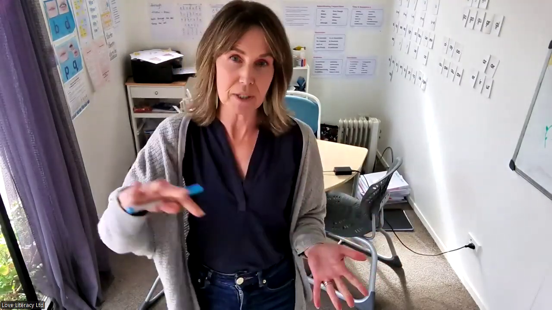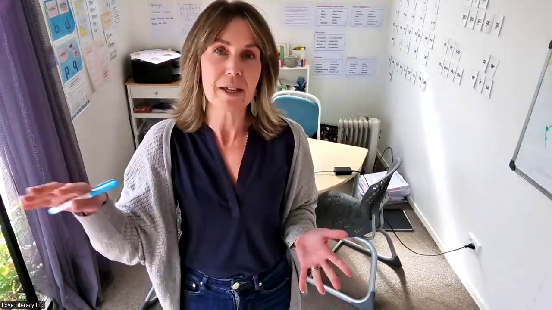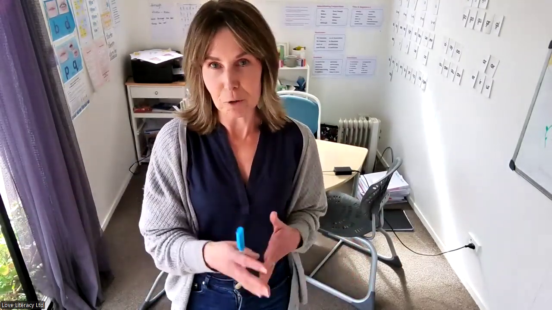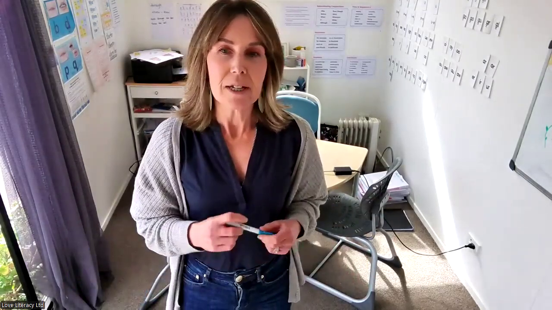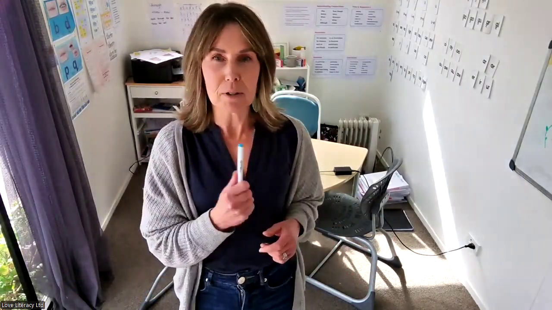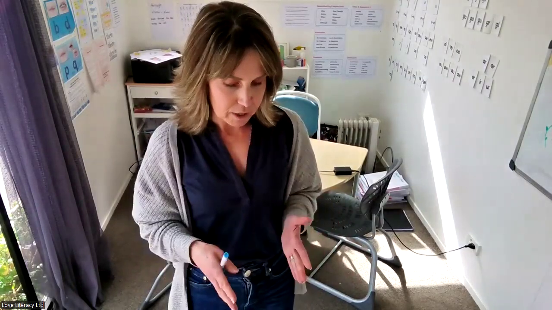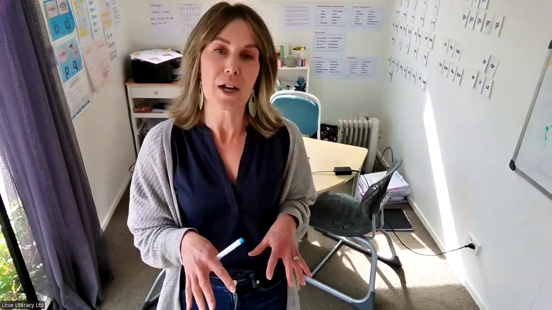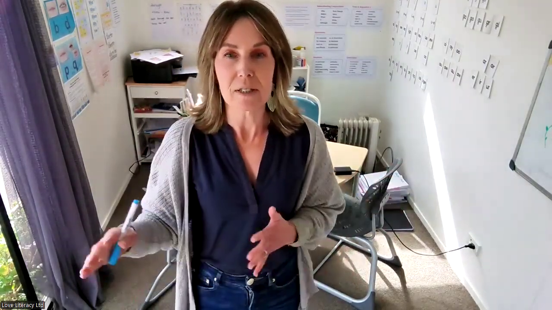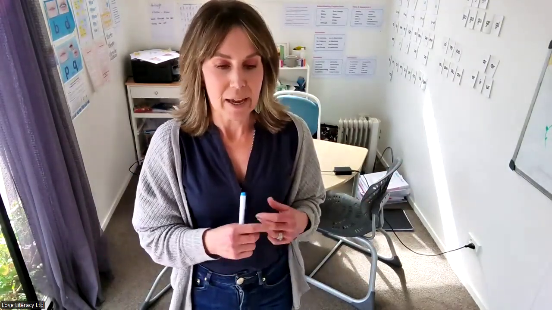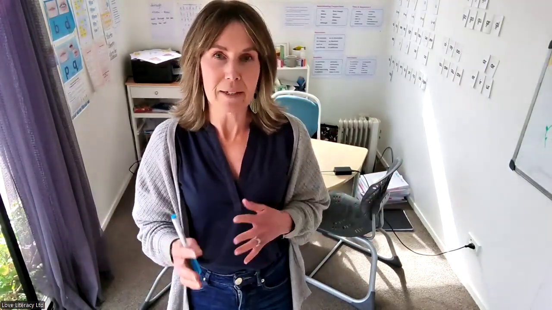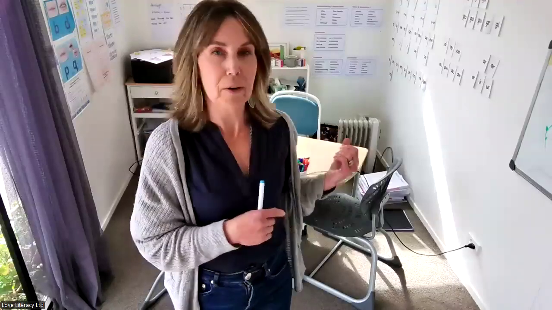So we can still keep the compare and contrast going, but we can delve a little bit deeper. Yeah, so that is just a really quick summary of how I have worked in a compare and contrast with our New Zealand Inventors theme, and how you can go about working in some paragraphs with your students.